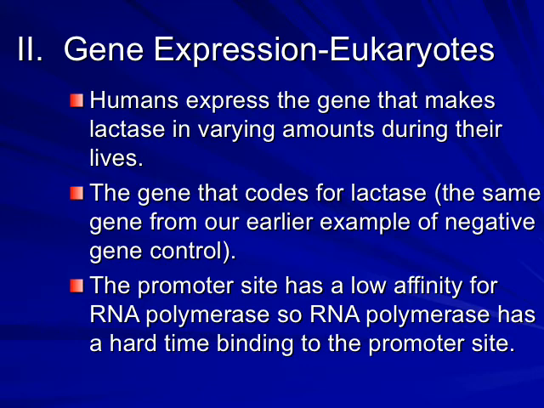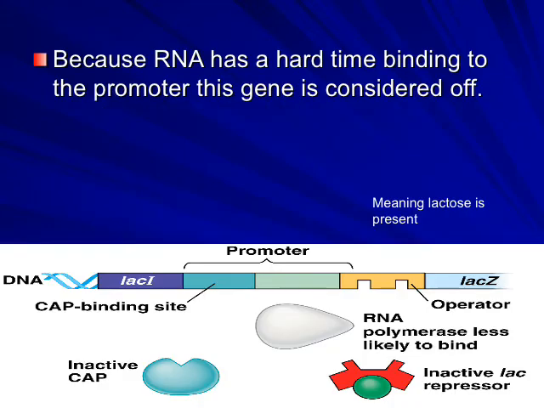The gene that codes for lactase is the same gene from our earlier example of negative gene control. In this case, the promoter site has a low affinity for RNA polymerase, so RNA polymerase has a hard time binding to the promoter site. Because RNA polymerase has a hard time binding, this gene is considered off.